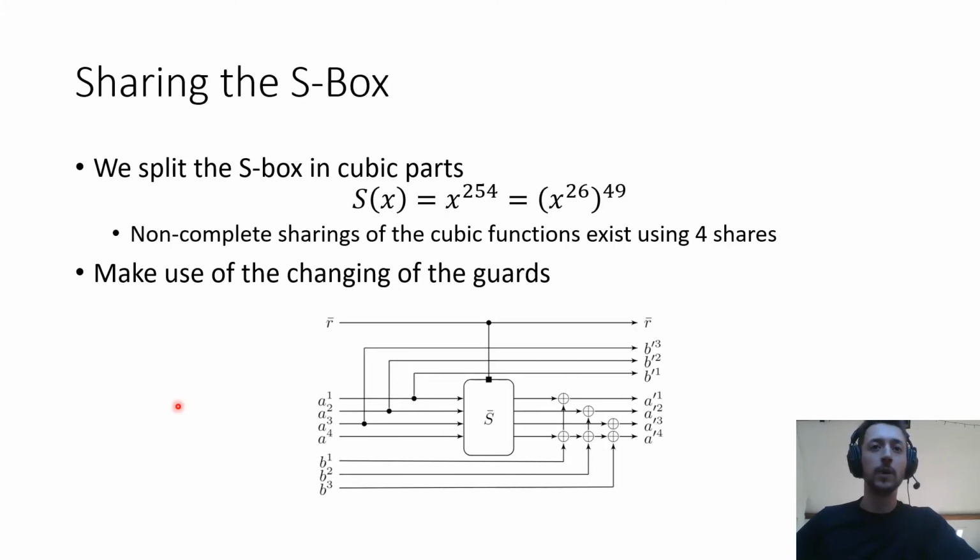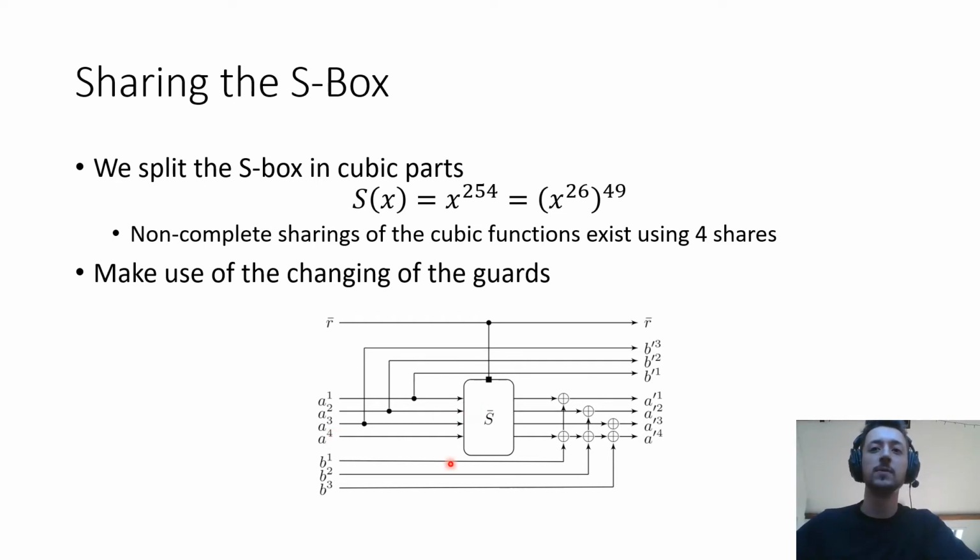Now we go to the first step of sharing our AES, and that is to share the S-box. As mentioned before, uniformity is very important, and it is known that there are no uniform sharings of the AES S-box. So we're forced to make use of a technique by Daemen called the changing of the guards. In the changing of the guards, it's kind of Feistel-like or more CBC encryption-like.